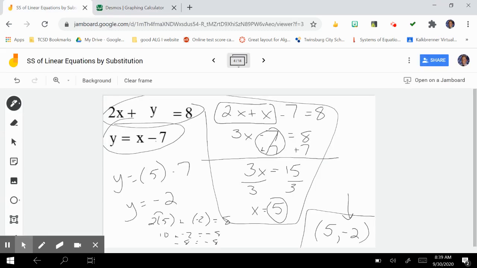So what we are doing when we're solving by substitution is looking where these two lines cross or intersect, all right? It's called the point of intersection. POI is what I like to refer to it as. So what we're doing with substitution, when we solve systems of linear equations, it sounds really impressive, right?